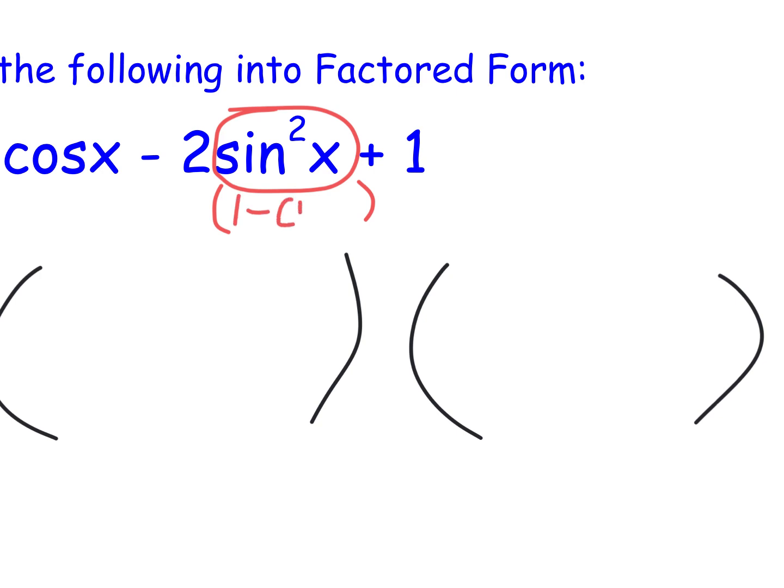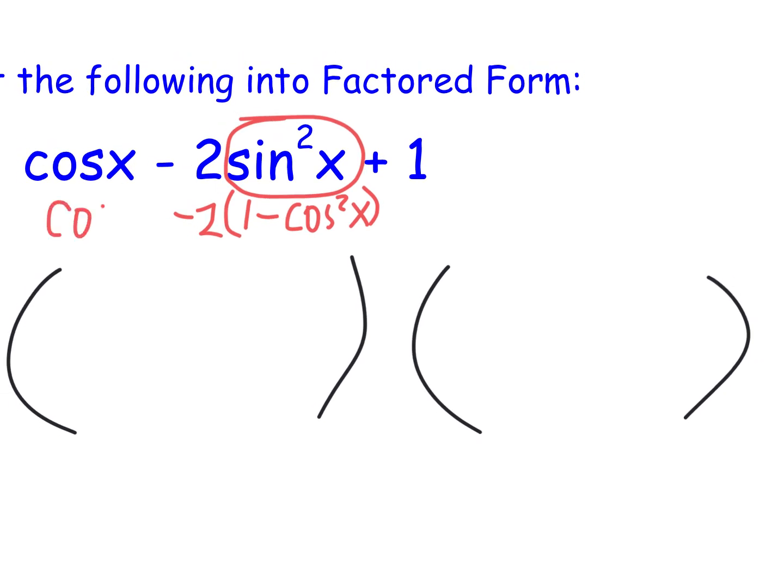Very good. Everybody write that. If you did, you could just look for sine squared, and you'd have sine squared is 1 minus cosine squared. So we were not ready to factor it. We had to change it so that they both were cosine.